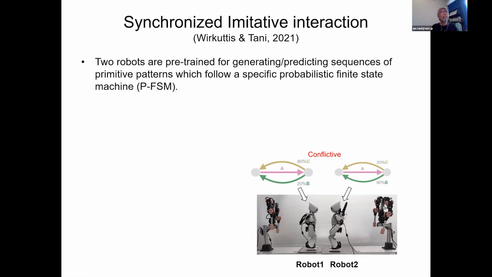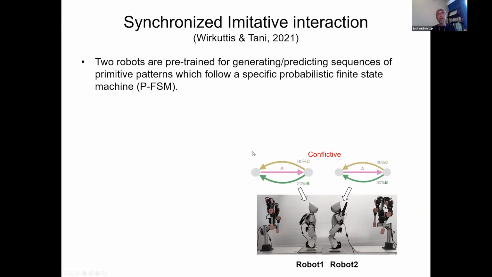The idea is that these two robots are pre-trained for predicting sequences of primitive patterns, which follow a specific probabilistic finite state machine. This robot learns to generate as well as predict the sensation of the first primitive pattern.